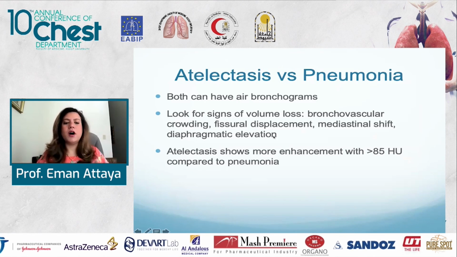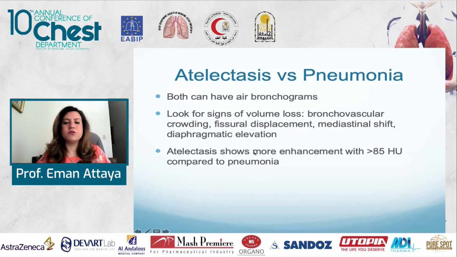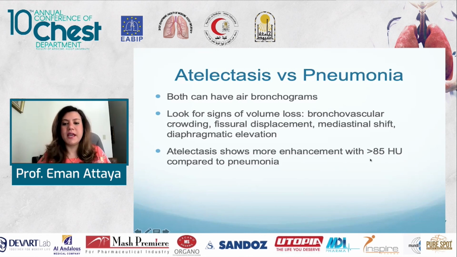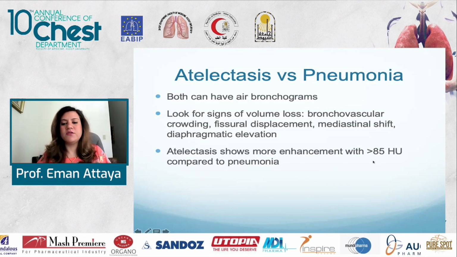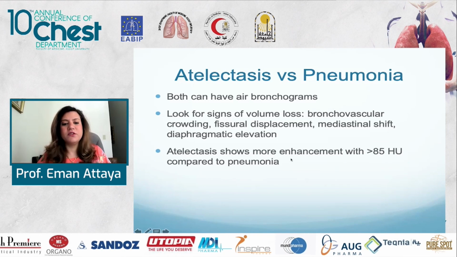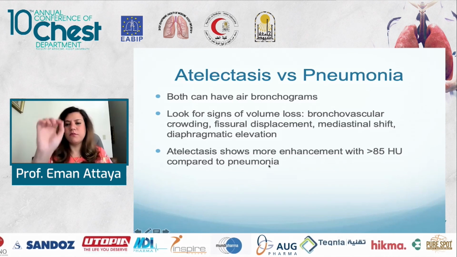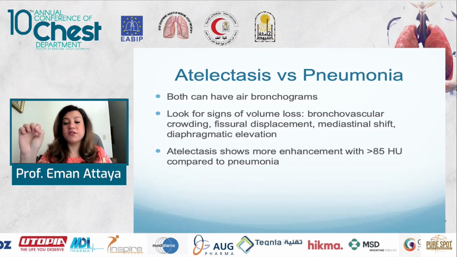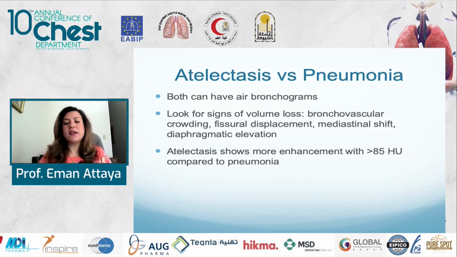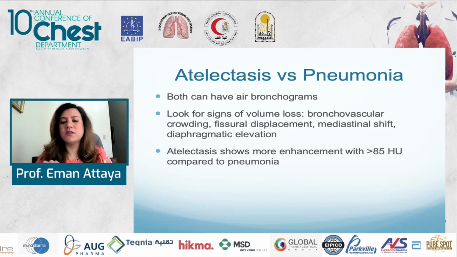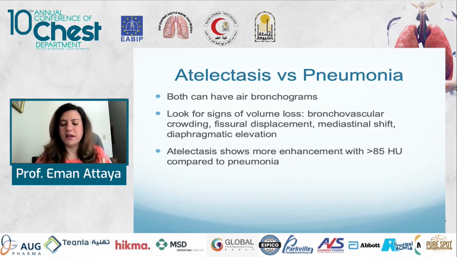And on a contrast CT, atelectasis will more commonly enhance with Hounsfield units of greater than 85 compared to pneumonia. So if you measure the density of the area of consolidation and it's greater than 85 Hounsfield units, it's more likely to represent atelectasis than pneumonia.